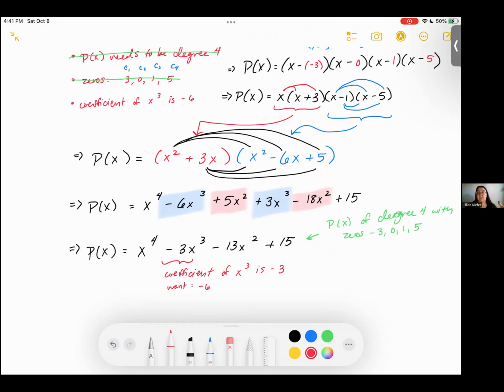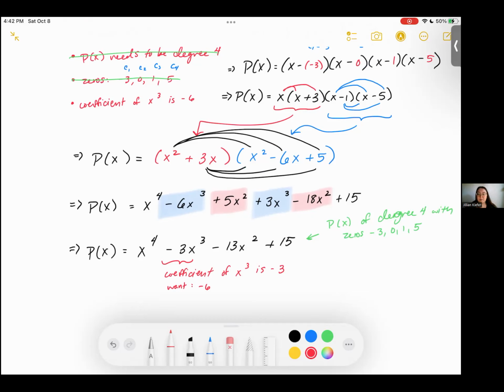If it is negative 3 instead, then all we'd have to do is multiply by 2. So if we multiply the whole polynomial by 2, we will achieve this goal of having the coefficient of x cubed be negative 6.